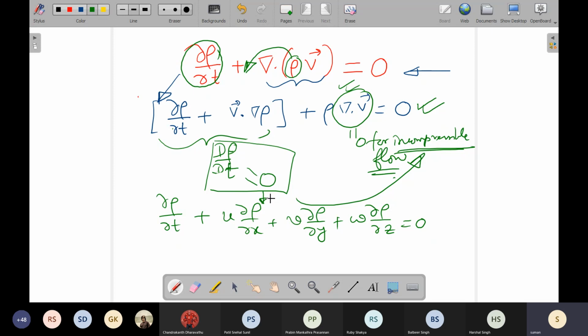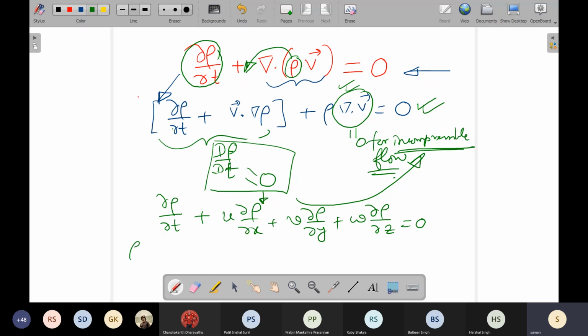Now, is rho equal to constant a compulsive requirement of this? Rho equal to constant is the most trivial condition which will satisfy this, no doubt about it. If rho is constant, all its derivatives will be zero. But to satisfy this, it is not necessary that rho equal to constant.